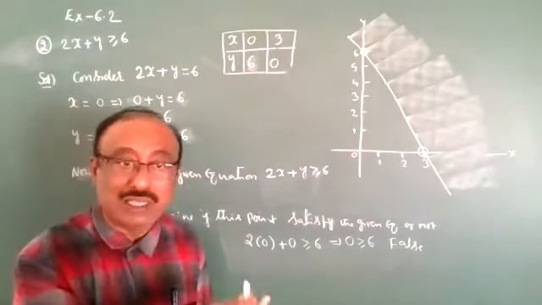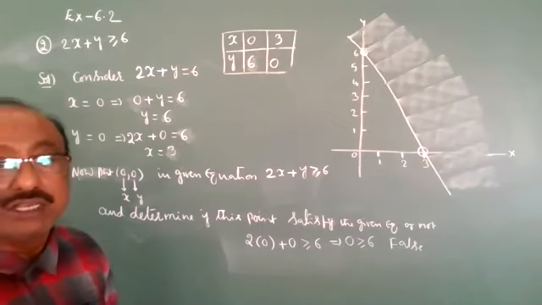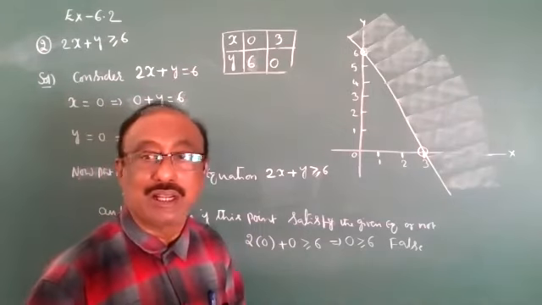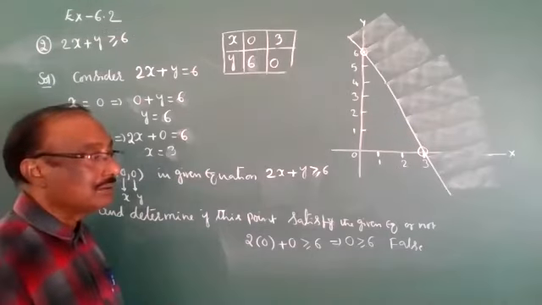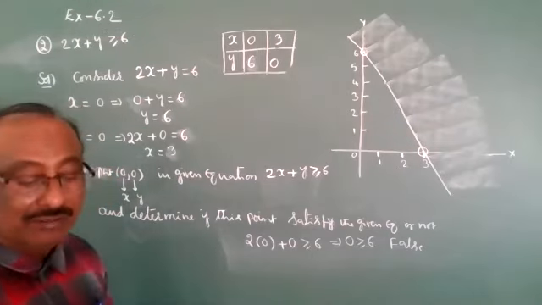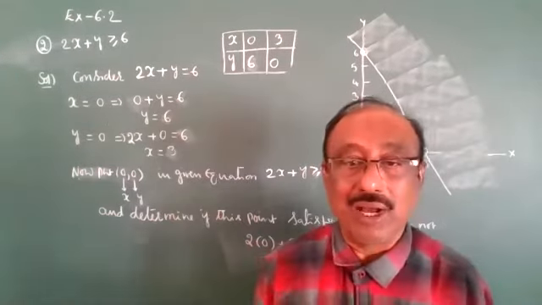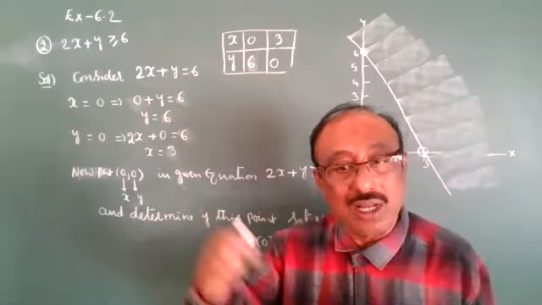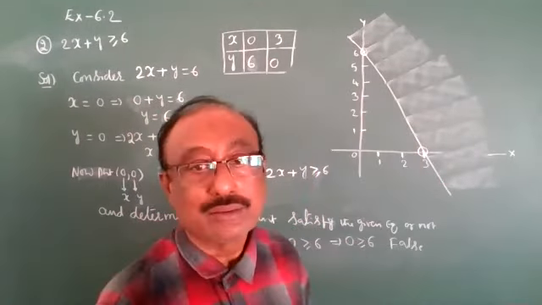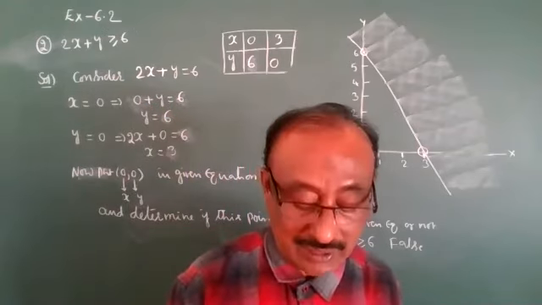True means draw the graph downside. Everyone draw the graph now. Understand? False means draw the graph upside, true means draw the graph downside. Okay? Clear everyone? Right.